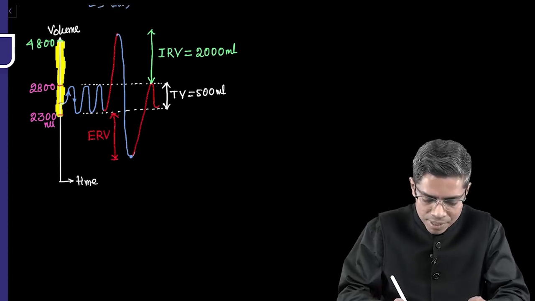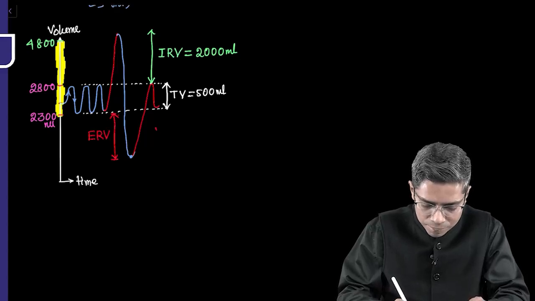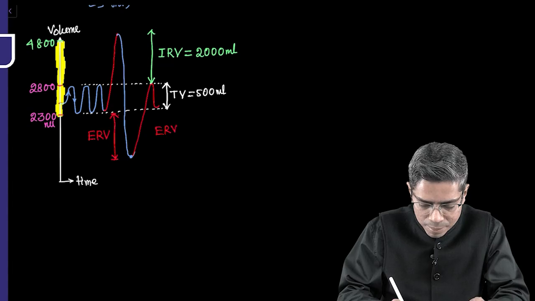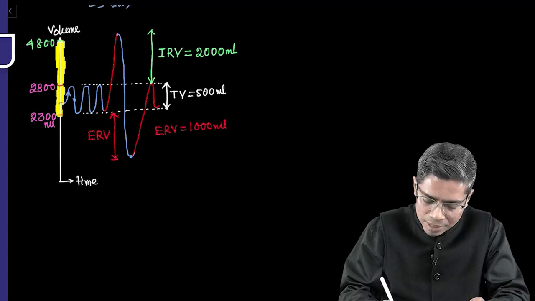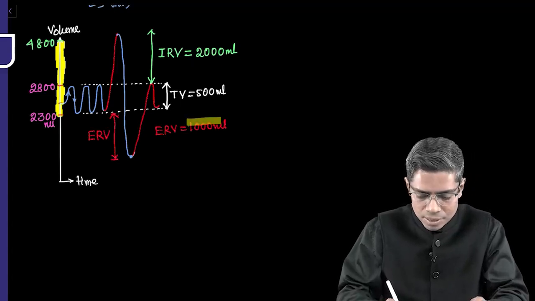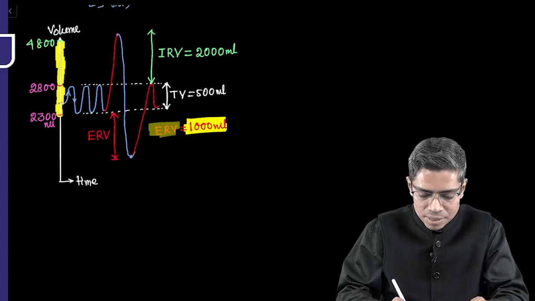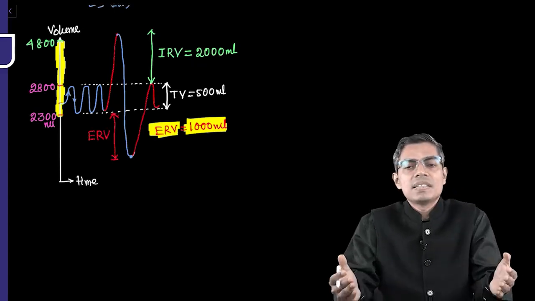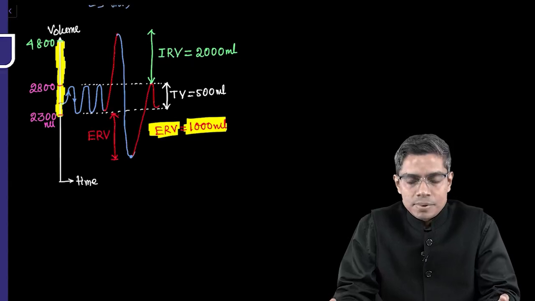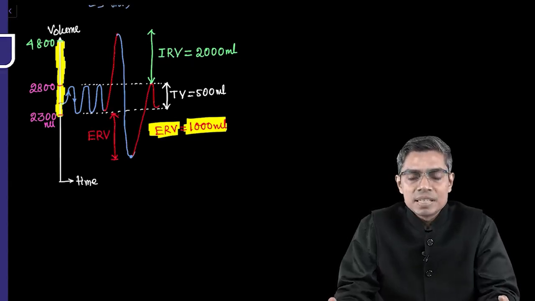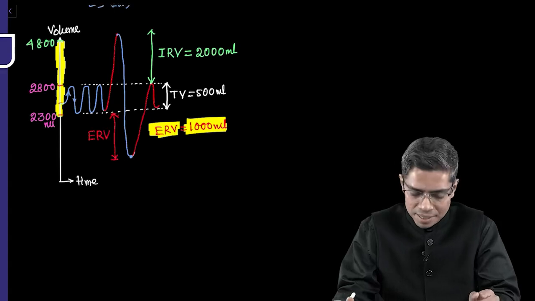Normally this is 1000 ml or 1 liter. So expiratory reserve volume is similar to the inspiratory reserve volume. It is there inside your lung as a reserve. Whenever you require it during hyperventilation, it can be utilized.